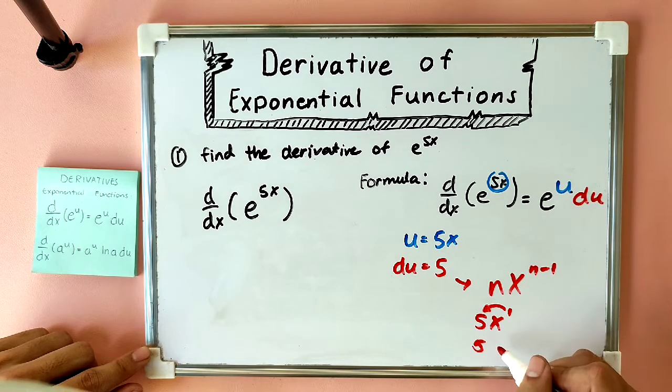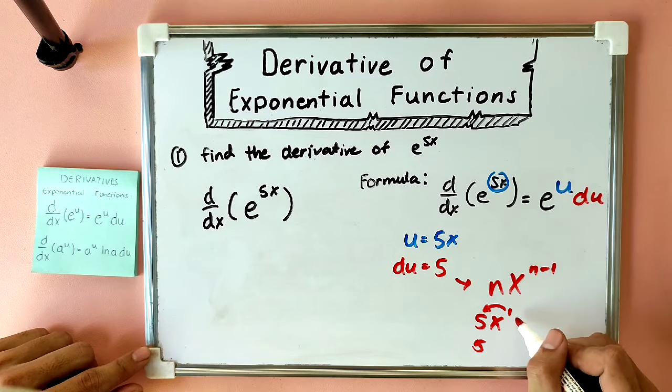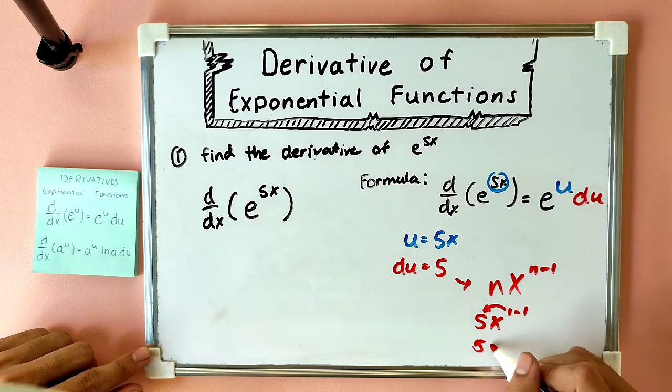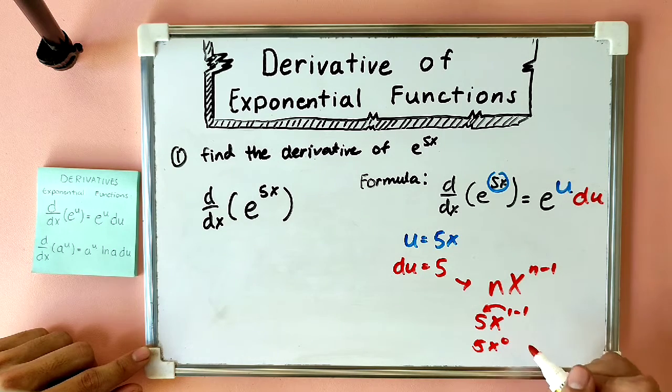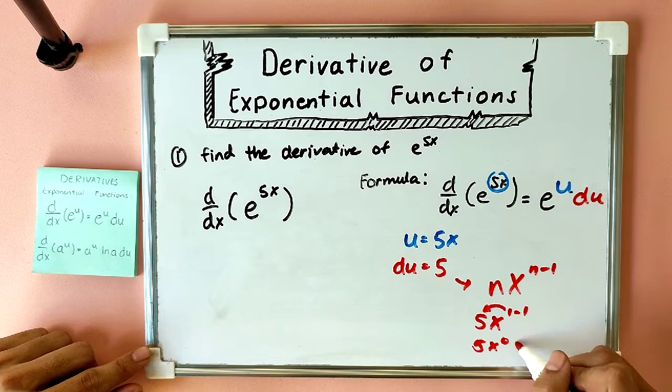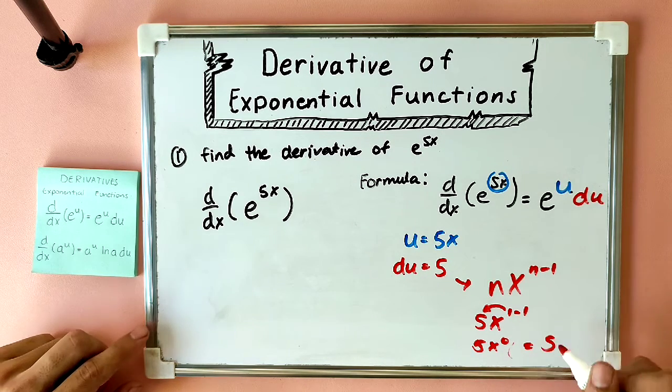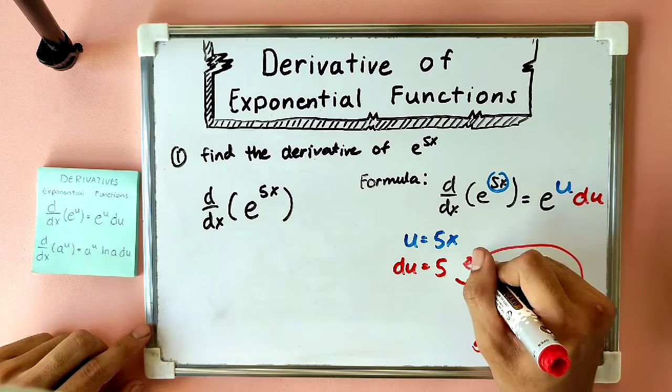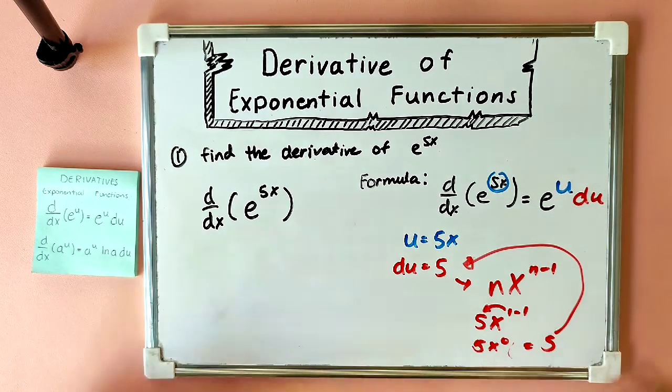That is equals to 5, then minus 1 is equals to x raised to 0. So pag any number na i-raise natin sa 0 is just a 1. So the final answer is 5, kaya nakuha natin tong 5 gamit ang ating power rule.